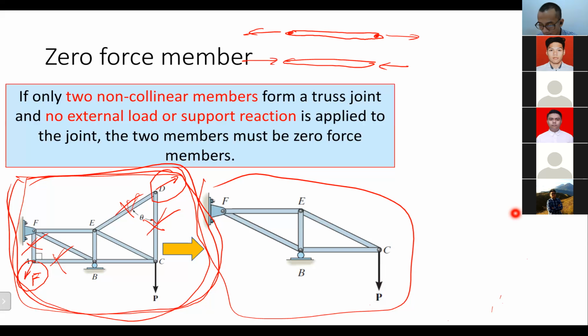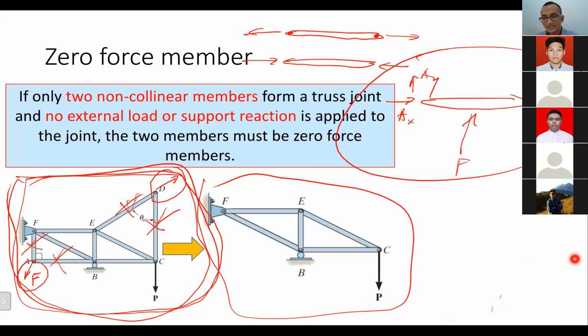If you have a member which has this kind of force like that, then at the pins there will be reactions, for example AX, AY, BX, BY, and F like this.